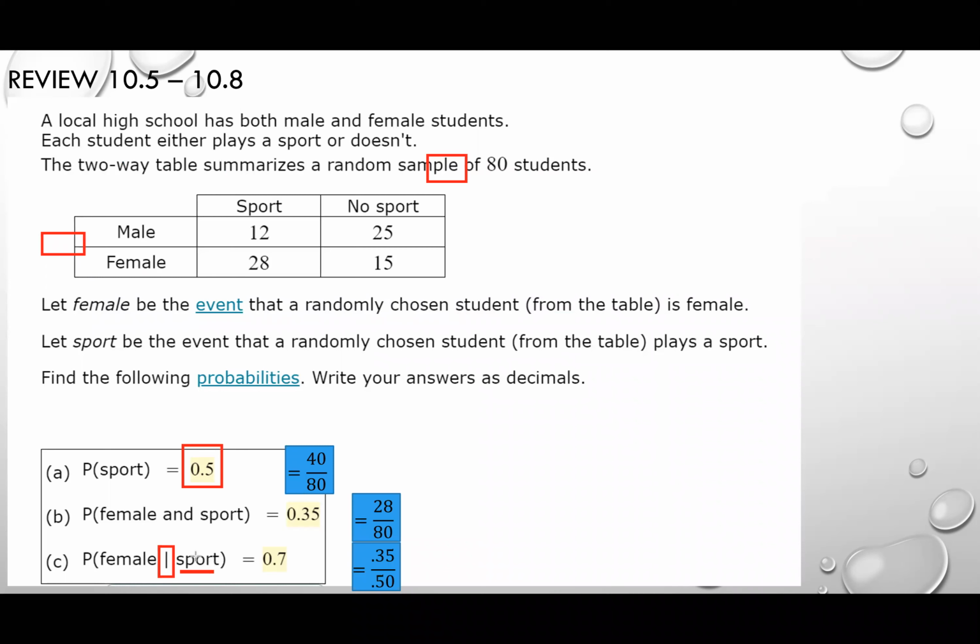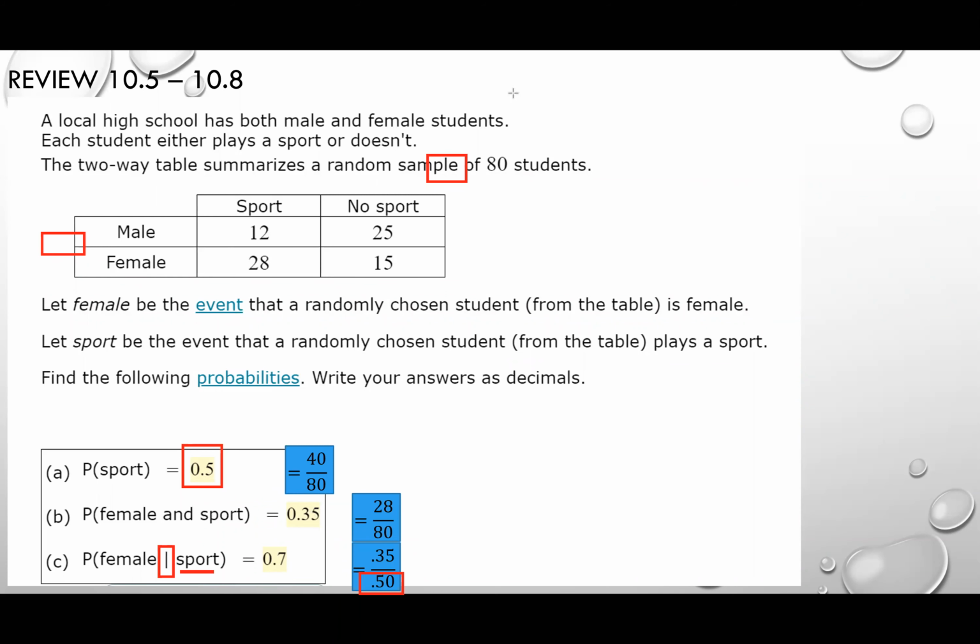My new denominator is anything followed by the word given. So my new denominator is 0.5. And now the intersection of the two, the and, is my numerator, which is right here, 0.5.